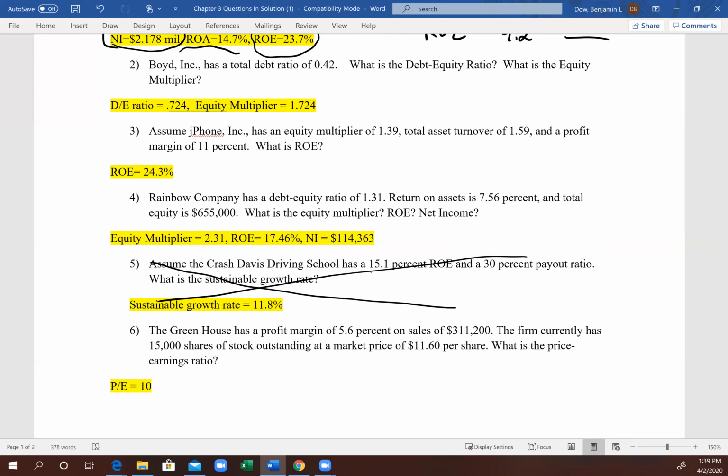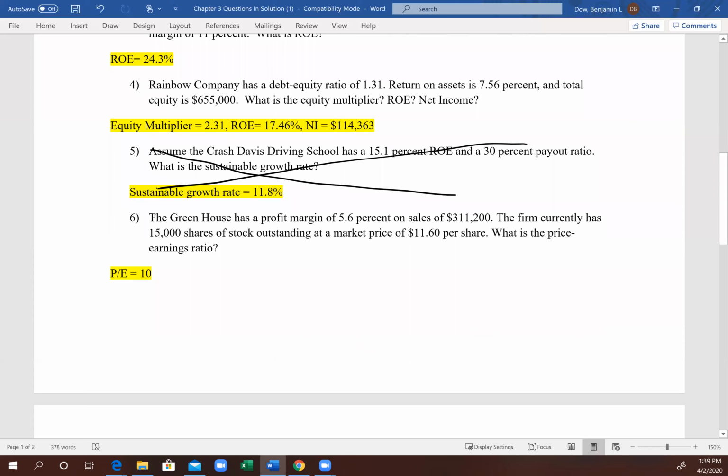All right, something like finding the PE multiple.